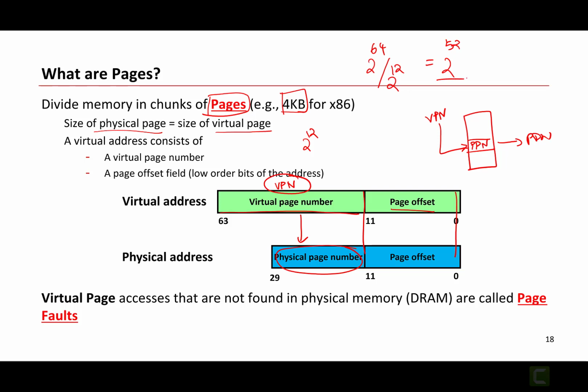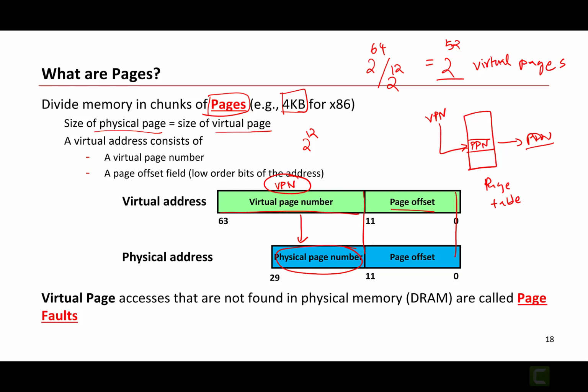So I have 2 to the power 52 virtual pages, and each virtual page has an entry in the page table, and the page table entry tells you the physical page number that corresponds to the virtual page number, and using that you can do the translation.